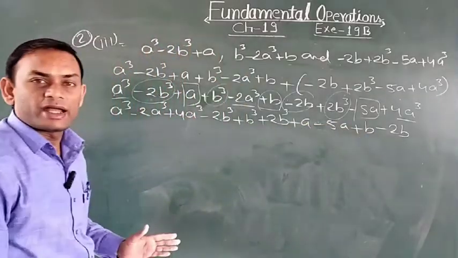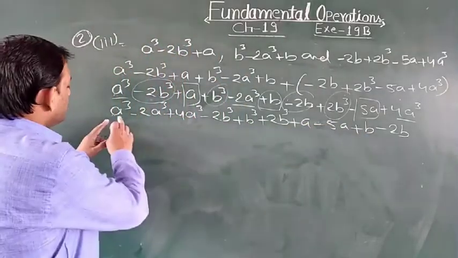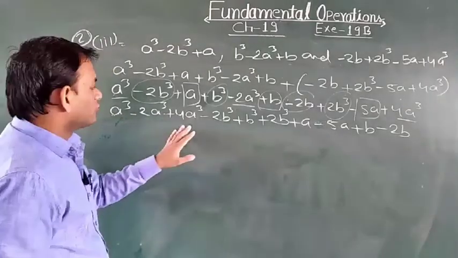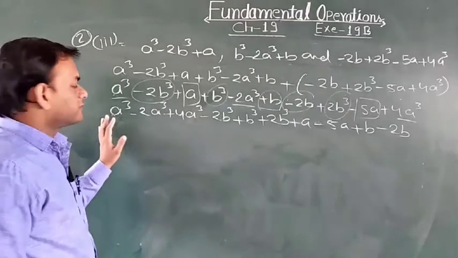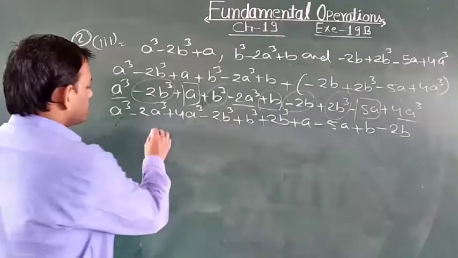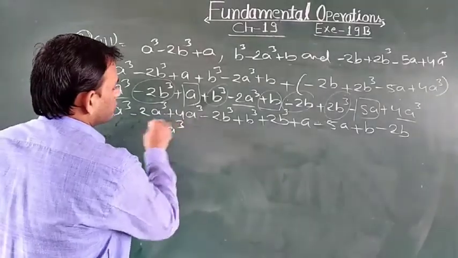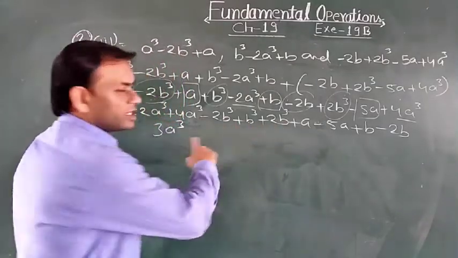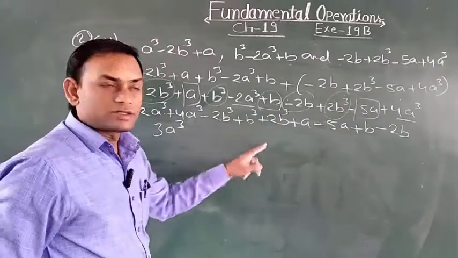Now we will add them together. You can see here a cube and 4a cube are both with the plus sign. So 4a cube plus a cube is 5a cube, and 5a cube minus 2a cube, you will get 3a cube. Now here b cube, b cube, b cube are all like terms.